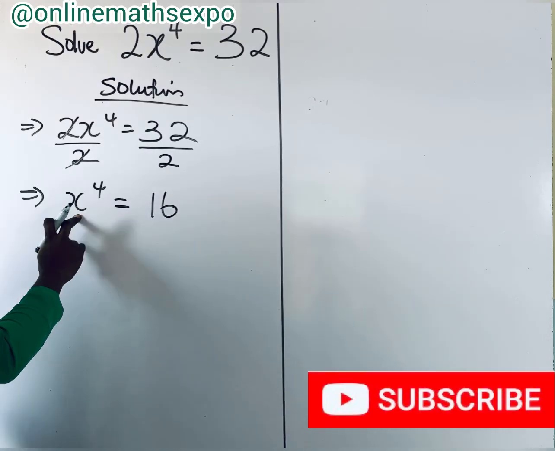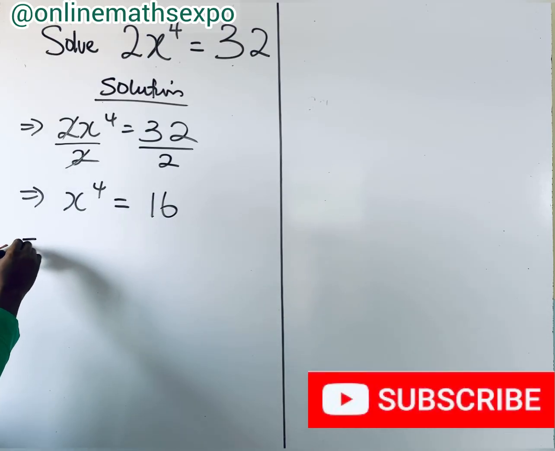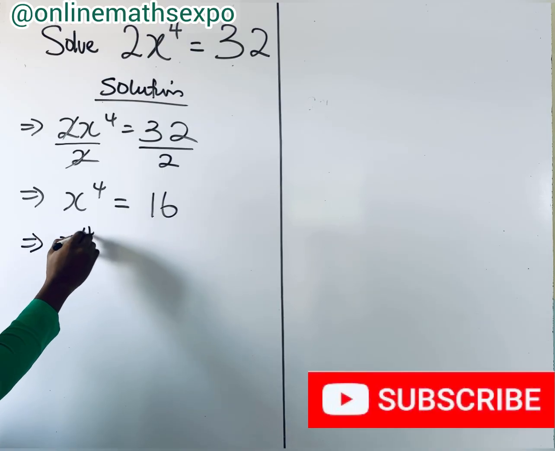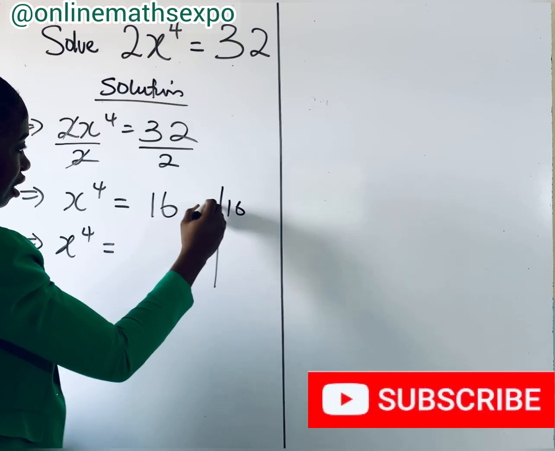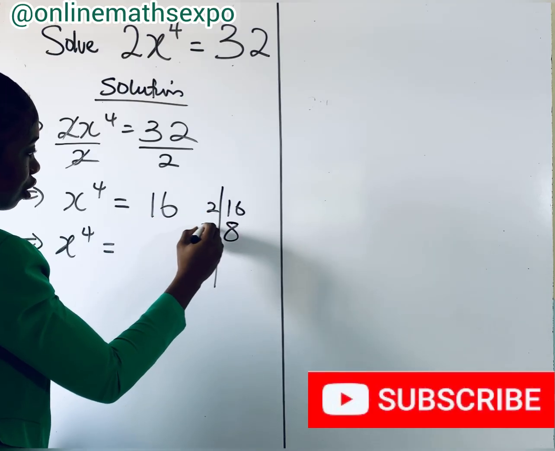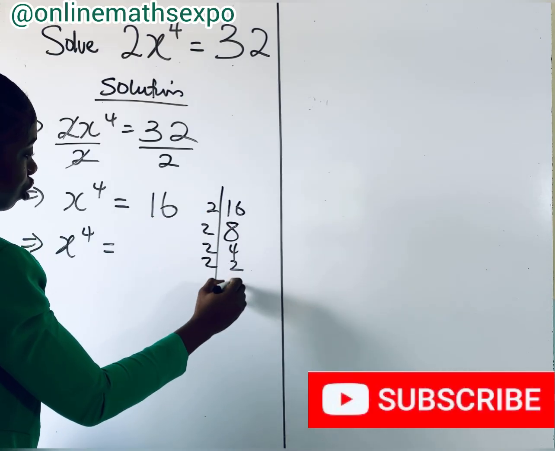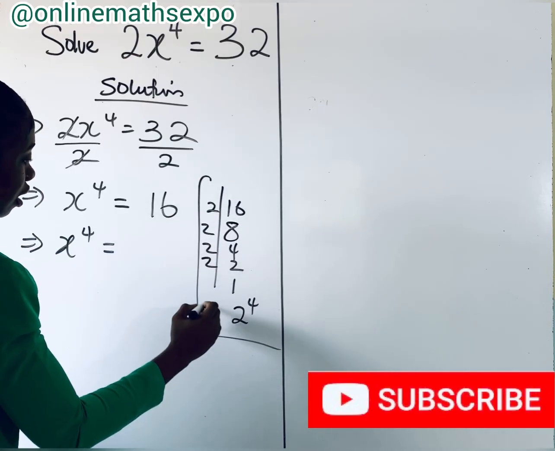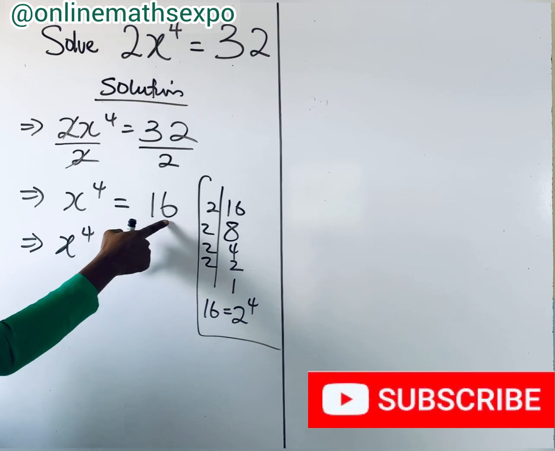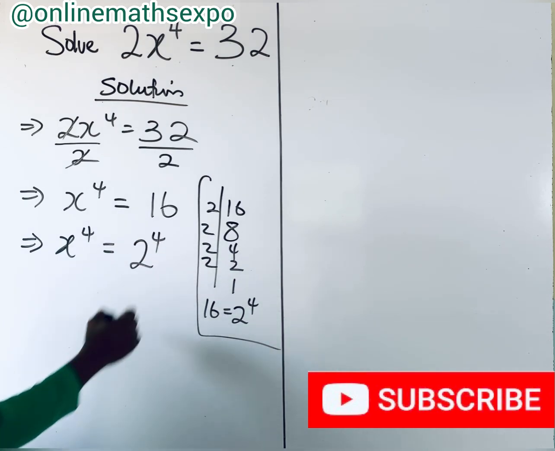This shows you that x should be 4. So this is the same thing as x to the power of 4 is, 16 can be written as: 2 times 2 is 4, 2 times 4 is 8, 2 times 8 is 16. So it's the same as 2 to the power of 4. Okay, that means for 16, we can rewrite this as 2 to the power of 4.